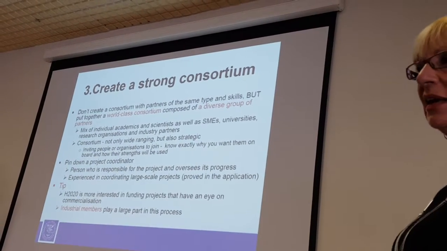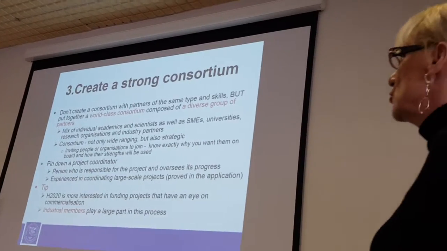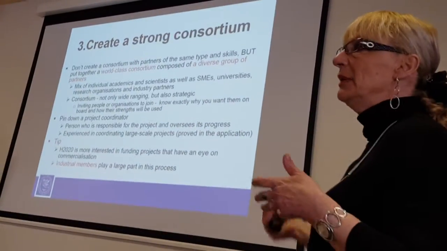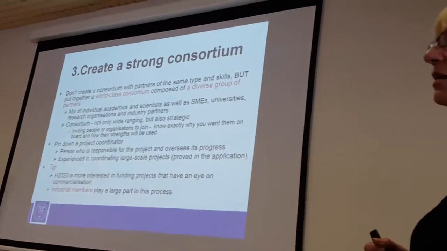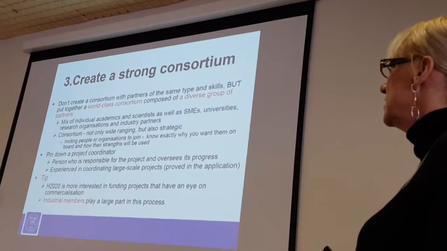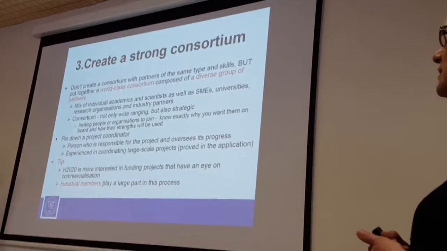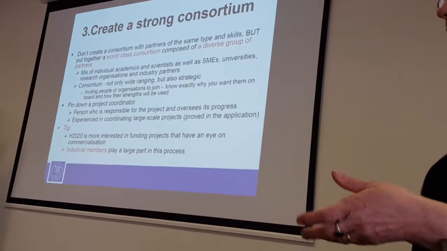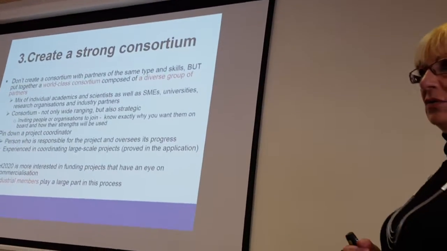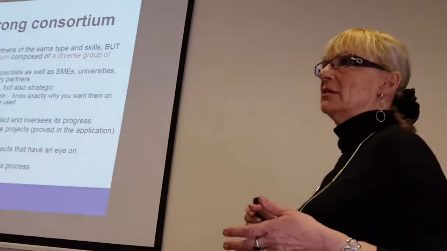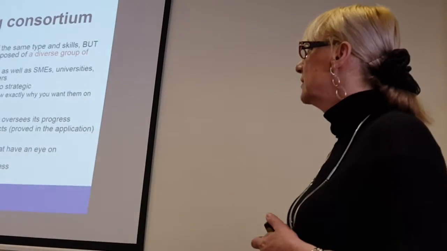So ideally, the project consortium should have a balanced mix of academics and scientists, as well as SMEs, universities, research organizations, and industrial partners. But again, a mixture of different partners depends on a specific call and depends on your project.